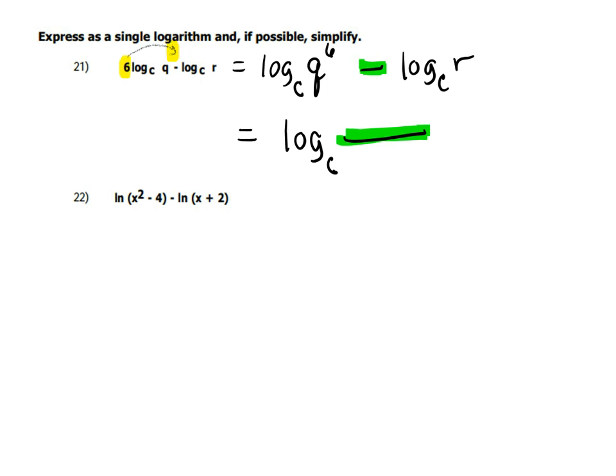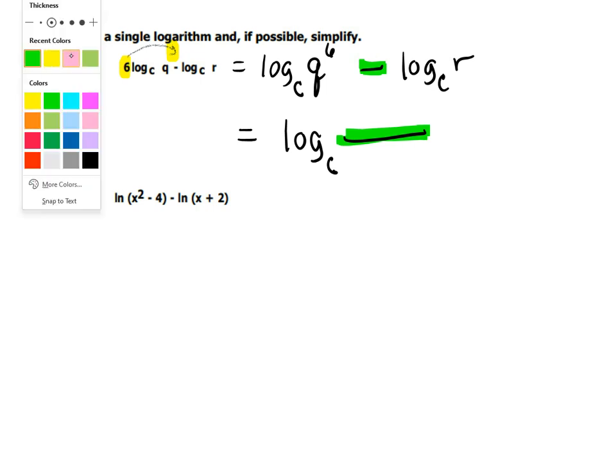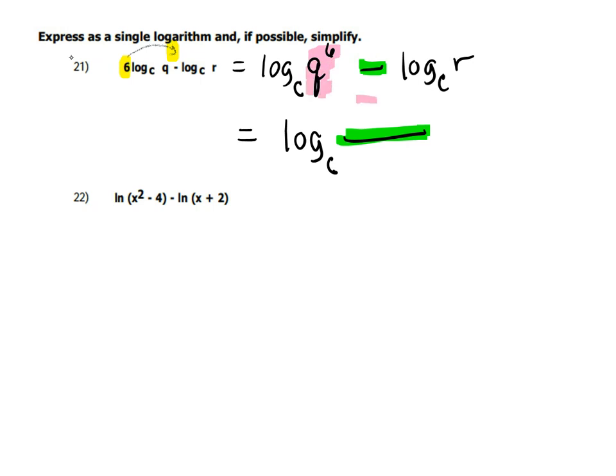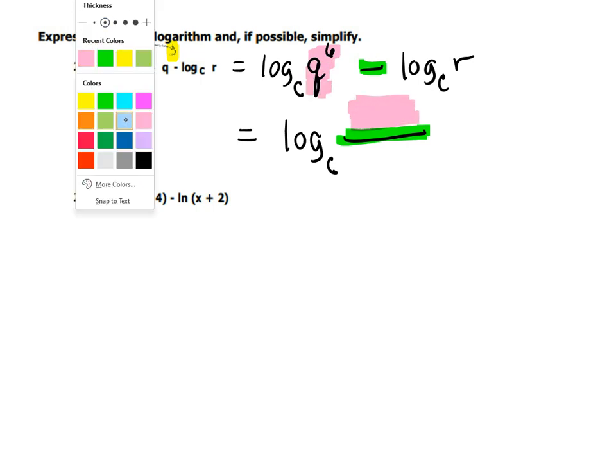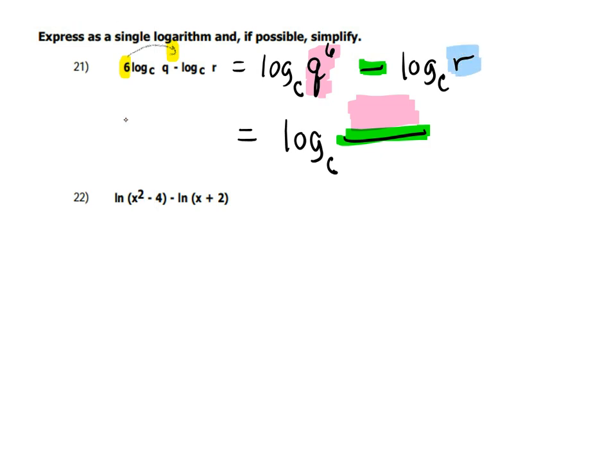The stuff in front of the subtraction sign will be your numerator, and the stuff behind the subtraction sign will go in the denominator. So I'll have a Q to the 6th over an R.